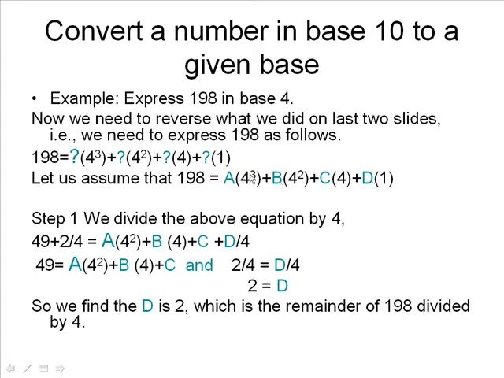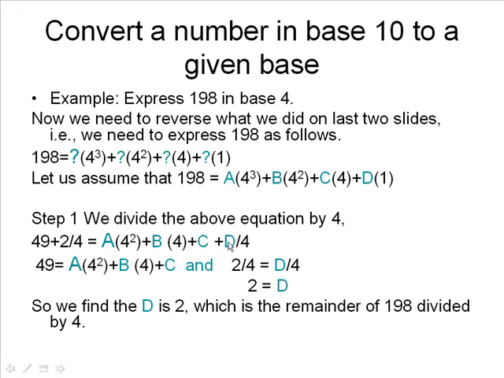We notice 4 cubed, 4 squared, and 4 are multiples of 4, so we divide the equation by 4 on both sides. 4 cubed becomes 4 squared, 4 squared becomes 4, 4 divided by 4 is 1, so C times 1 is C. And D times 1 is D, divided by 4 is D over 4.